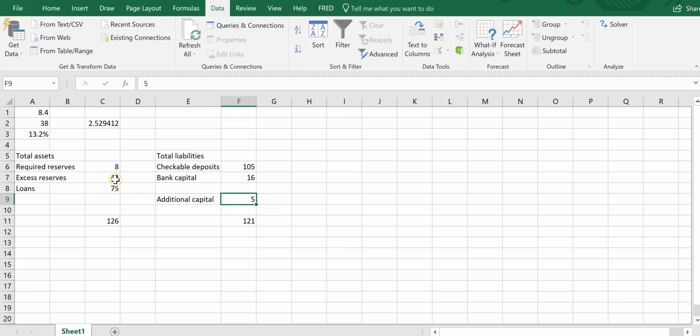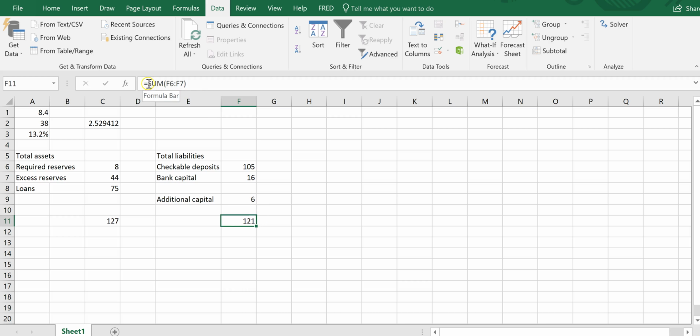But then, in order to balance this equation, this new excess reserves has to be equal to the initial value of 38 plus this additional capital, right? So now if you change this to be 6, you can see this is still balanced.